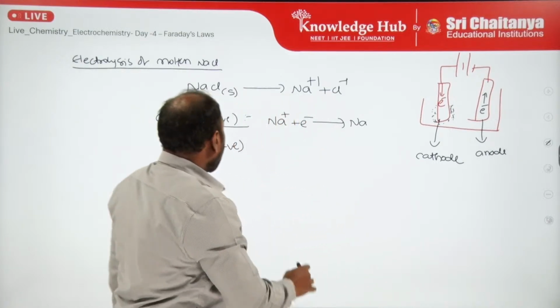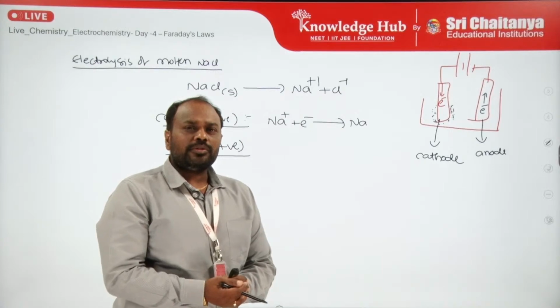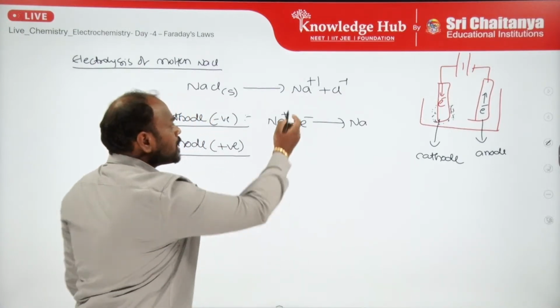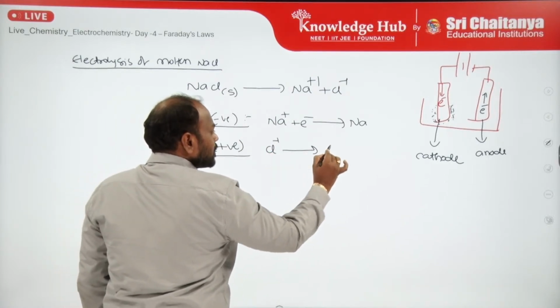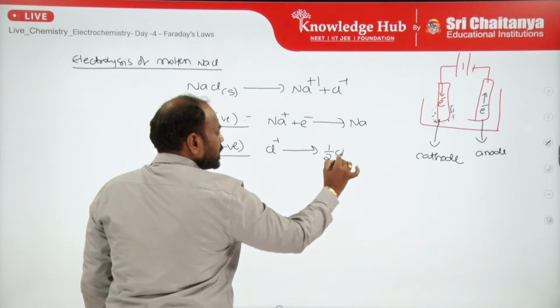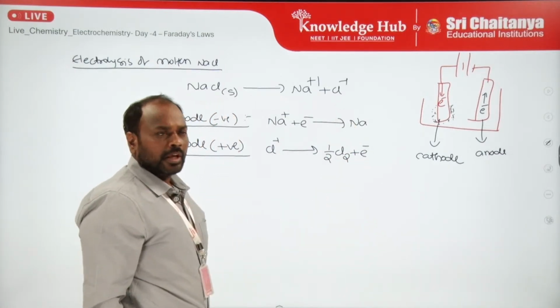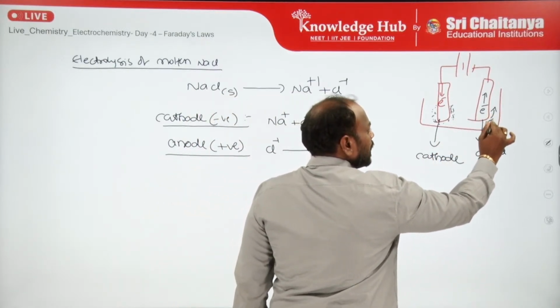At the anode, what is the sign of the anode? Positive charge. The positive charge attracts the oppositely charged ion. What is the oppositely charged ion? Cl-. This is converted to half Cl2 with liberation of an electron. So chlorine gas is produced at the anode.